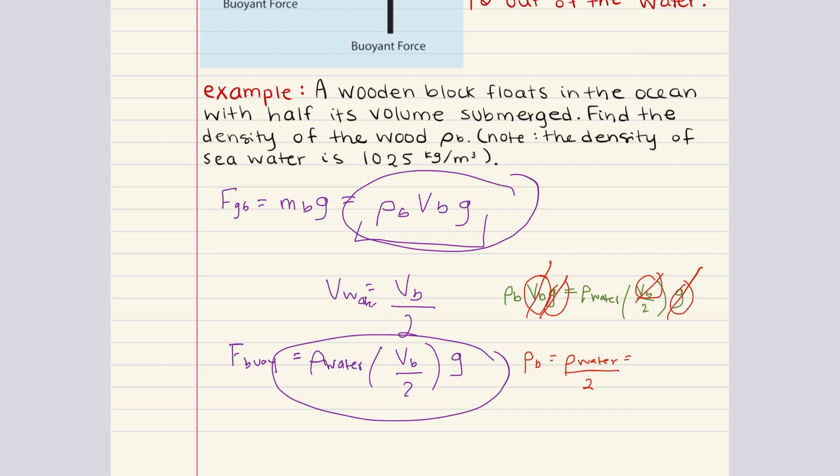The nice thing is that we're given the density of seawater. It's equal to 1,025 kilograms per cubic meter. We're just dividing that by 2. And that's going to give us 512.5 kilograms per cubic meter. So the density of the wood is equal to 512.5 kilograms per cubic meter.